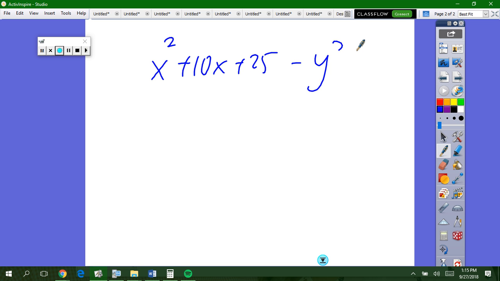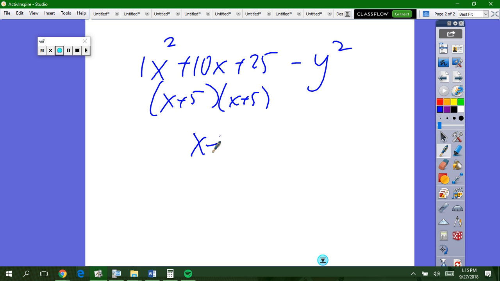If this wasn't here, could you guys factor that really easily? Yeah, what are the factors of 25 that give me 10? 5 and 5. You guys see how that's x plus 5 times x plus 5? Yes, I'm going to do a quick factor. A lot of times when I have a 1 right there, I call it a quick factor, meaning I don't have to do the rainbow because the factors of 25 that give me the 10 are what's inside. Right? Does that make sense?